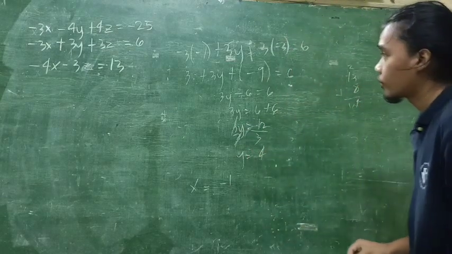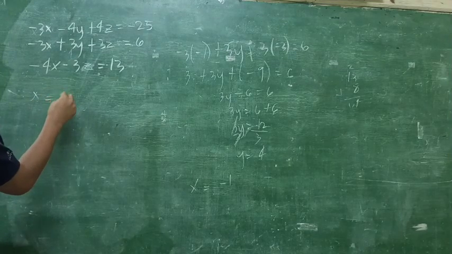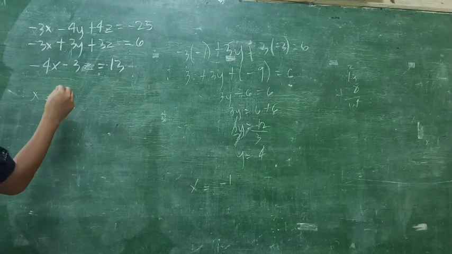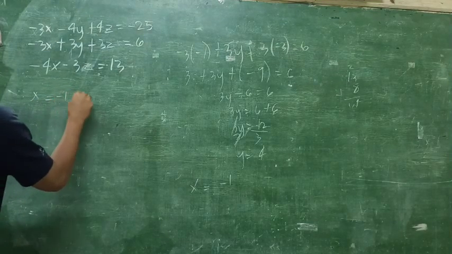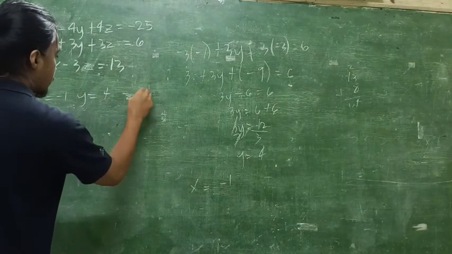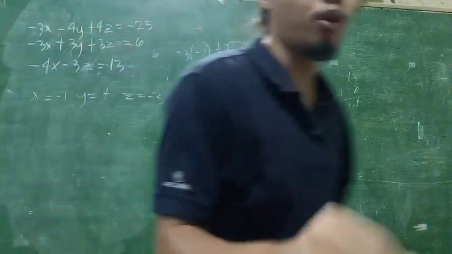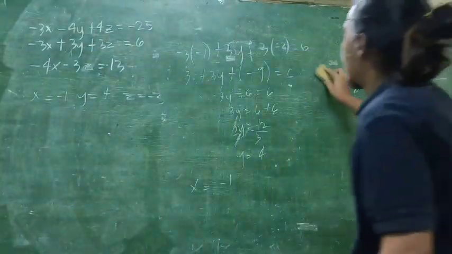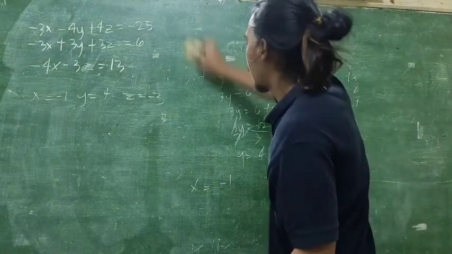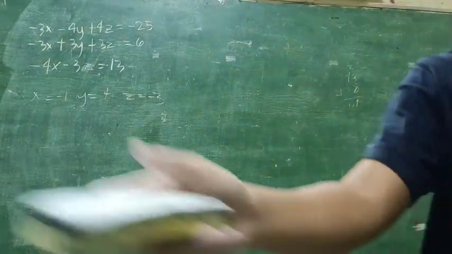So here we have it. X equals negative 1, y is equal to 4, and z is equal to negative 3. How about we prove it? We'll use our first equation to prove it.